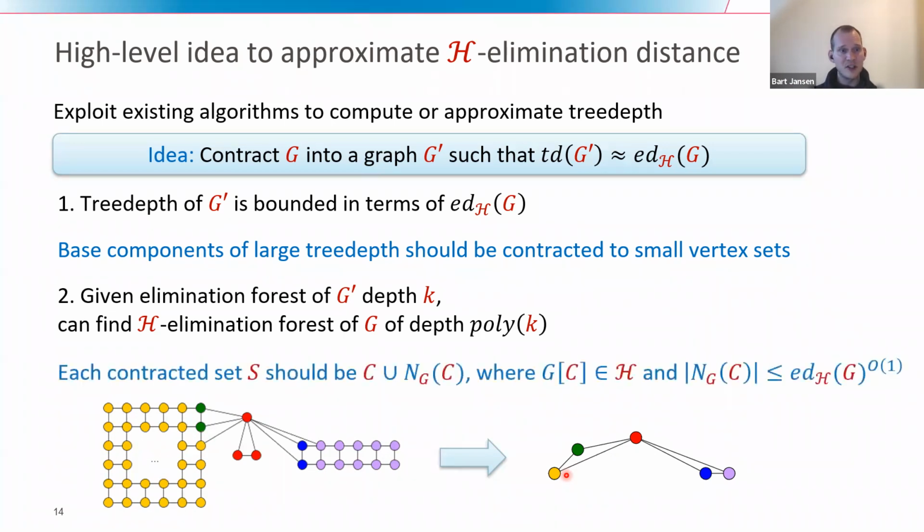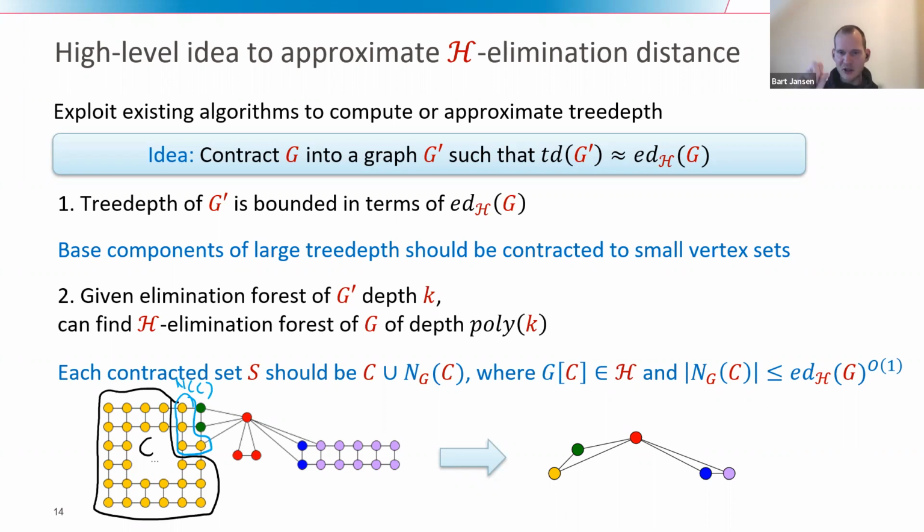To go in the other direction, we want to make sure that if I contract a vertex set into a single vertex, then the thing I contracted, for example here I contract the entire yellow set, basically corresponds to a graph that belongs to my target family that lives here, and it has a small neighborhood in the same color class that lives here.